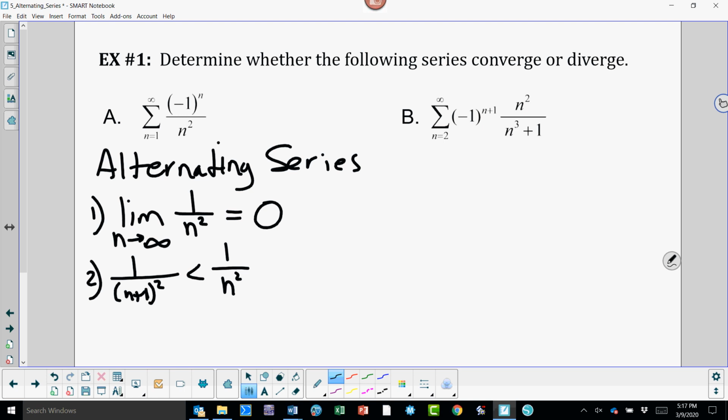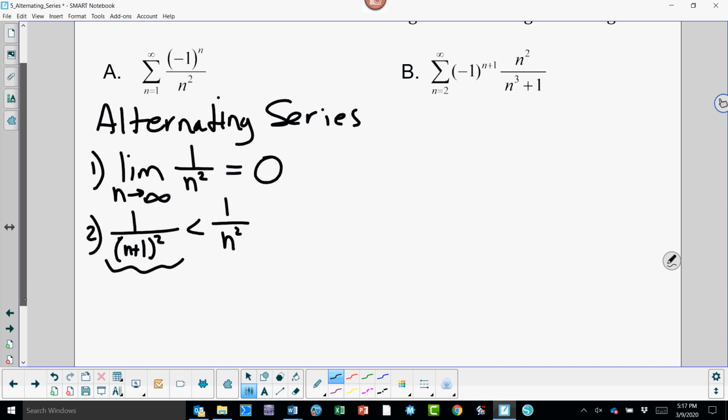So is the n plus 1 term, if I go up 1 term, do I end up always less than the nth term? Well, clearly you do, because you're going to add 1 to the denominator and square it. So this denominator over here is obviously much larger, no matter what. And so therefore, this is going to work.